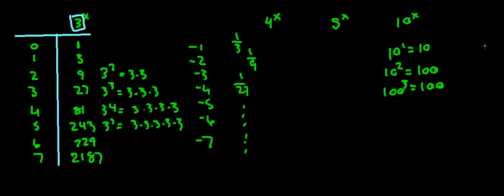So now that we have a good understanding of what is happening in an exponential function, let's just evaluate a few exponential functions, just to get a bit of a hang of what's going to be going on. So let's say I have the function f of x is equal to 3 to the x minus 2.